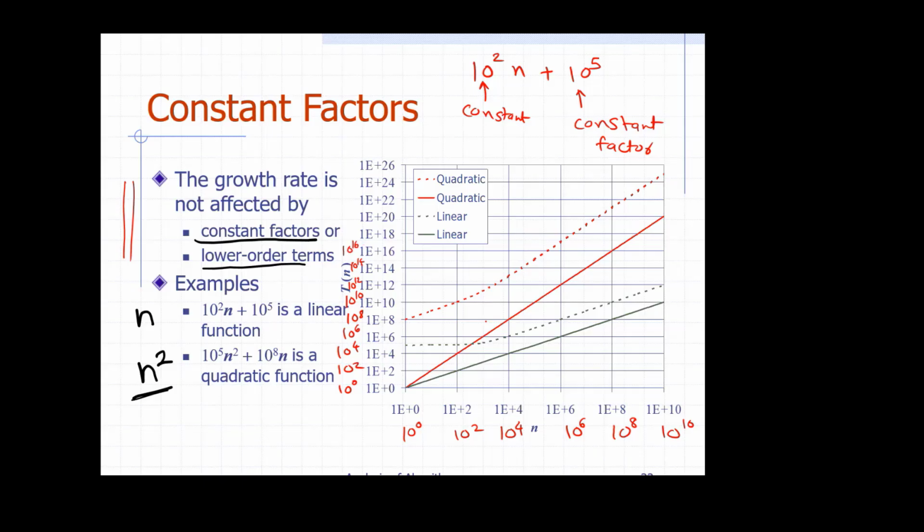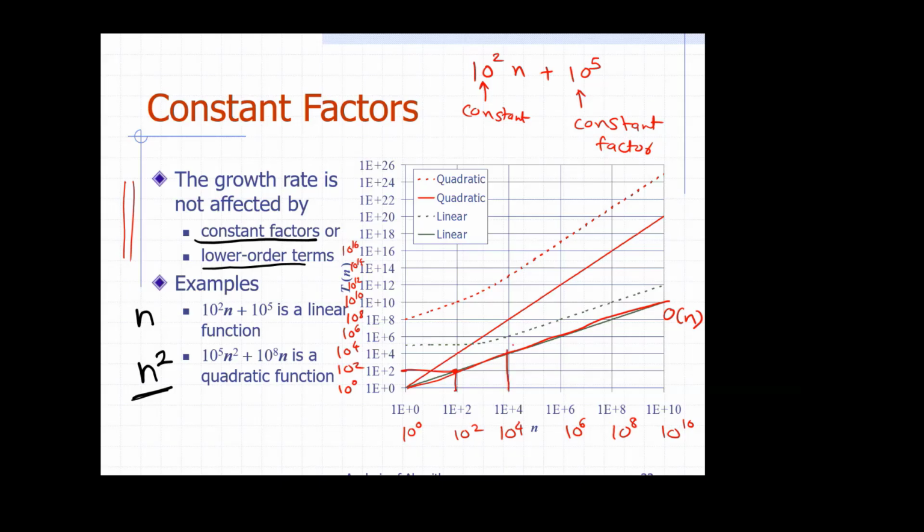Now, the dark lines are our usual linear function. So this green line is the function which is actually a linear function, dependent on the constant time. So how do you know it is linear? At 10 raised to 2 input, you are getting 10 raised to 2 in terms of time.